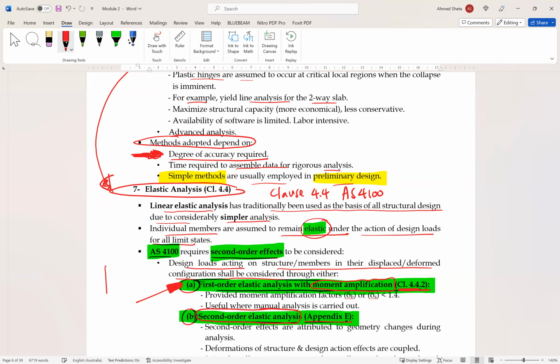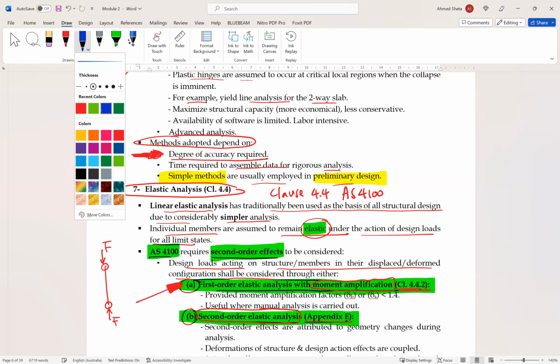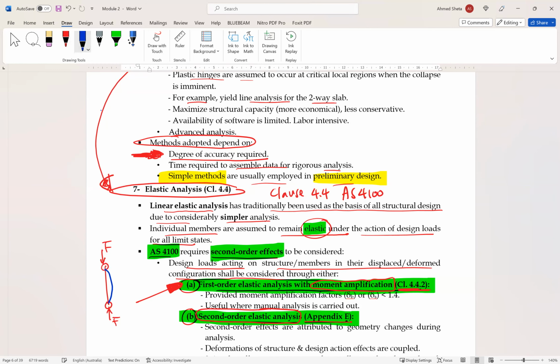And this means that if you have a member under a load like this, the member will deform like this. So when this member deforms, the force here shifts a little bit by the value of the deformation. So you need to take the applied moment here, which equals F times delta, which is due to the deformation.